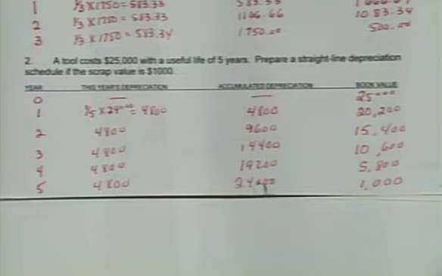The fraction, since this is in 5 years, is 1/5. And if I asked you for the rate, the straight line depreciation rate, you would take that 1/5, put it in your calculator and get 0.2, right? So we're actually depreciating at 20% a year. The decimal is 0.2, or the fraction is 1/5 per year.